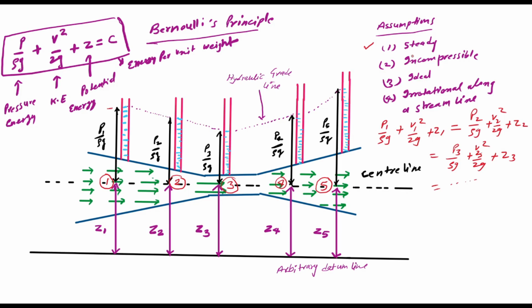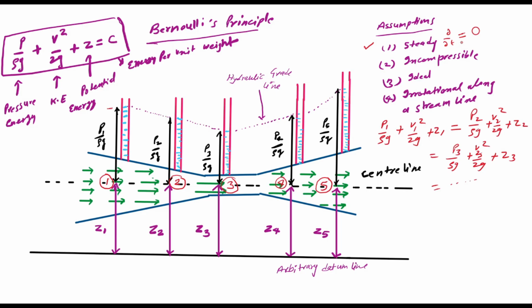Pressure and velocity. At a particular point, for example this point, pressure should be constant, so the property's del by del t does not change and should be equal to 0. At a point, the velocity remains constant, right?